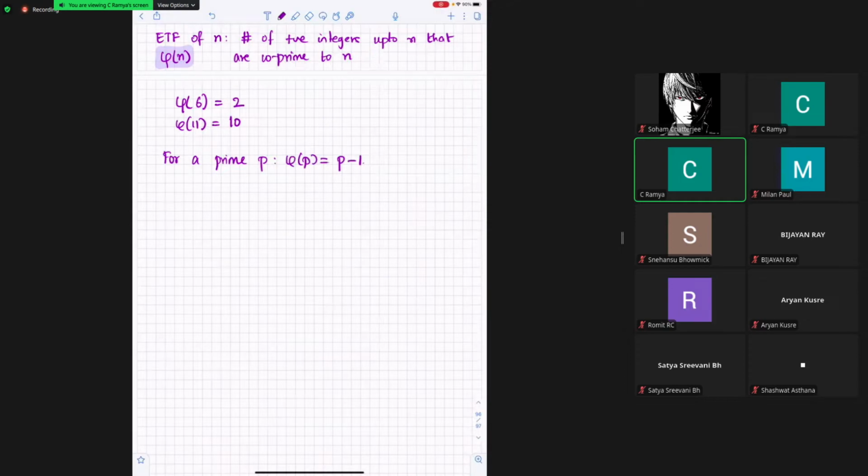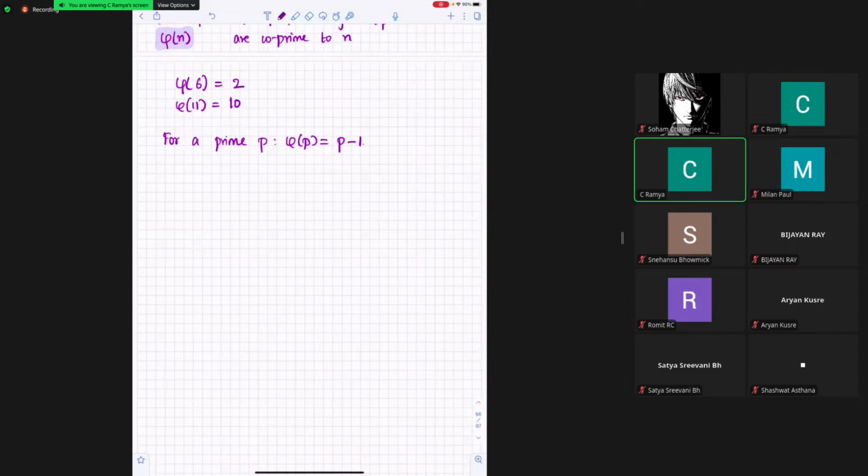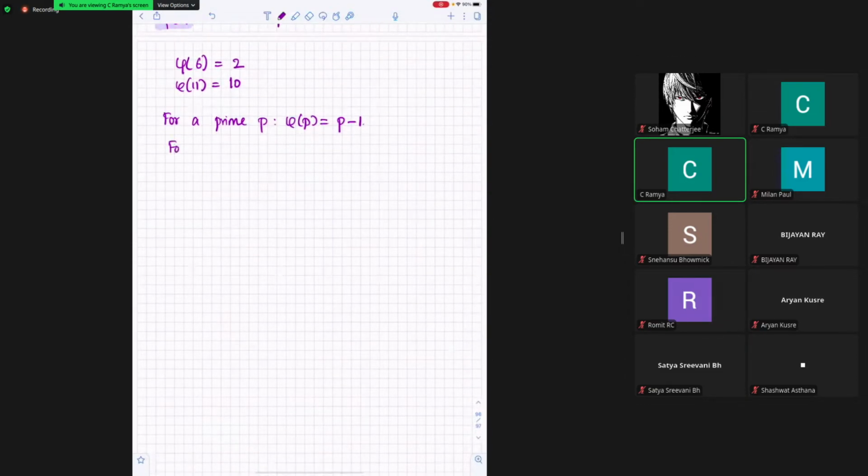Now let's try to do something else. What can we say, for a prime p, about phi of p to the k, if k is some positive integer? So we have these numbers 1, 2, 3, and so on up to p to the k.